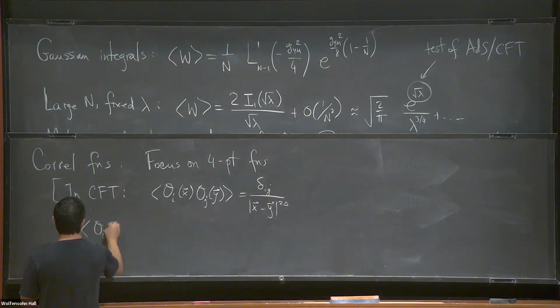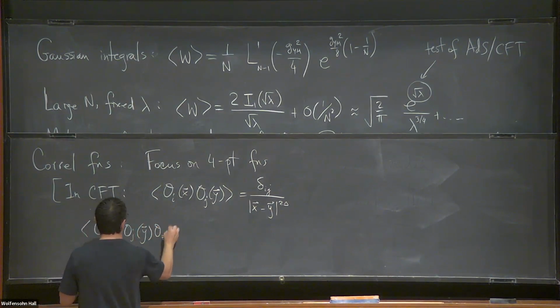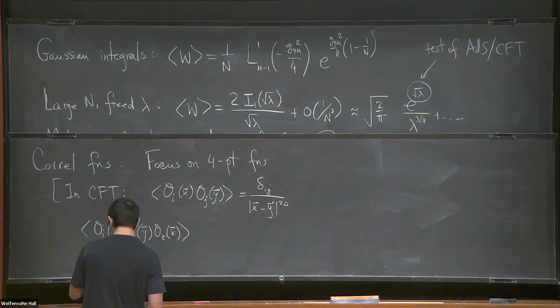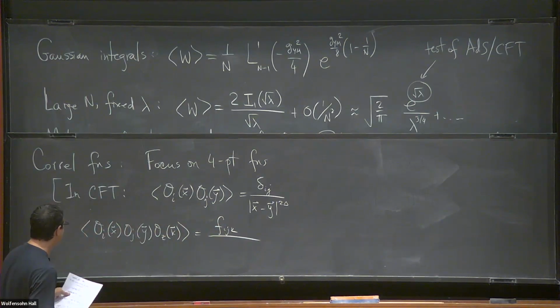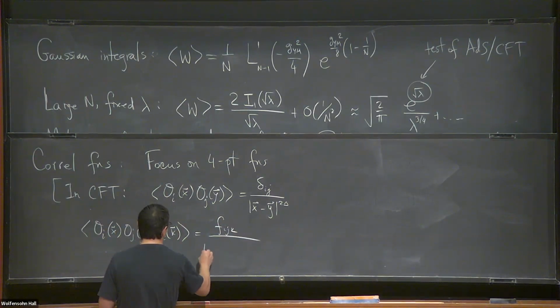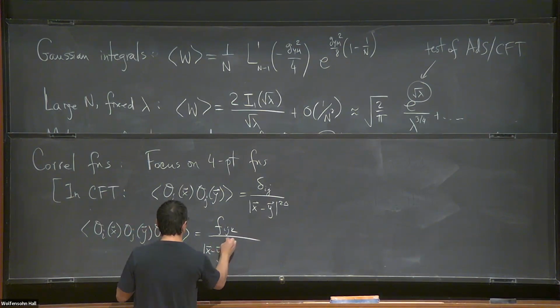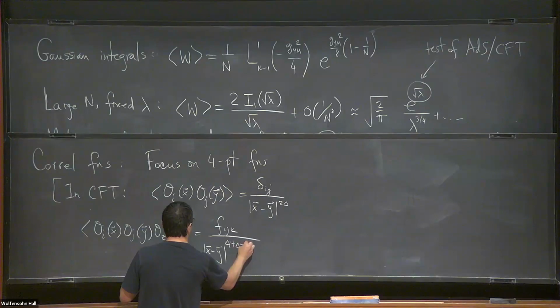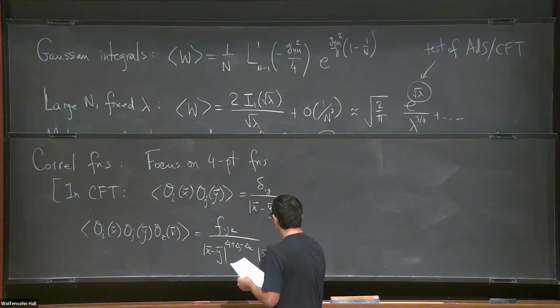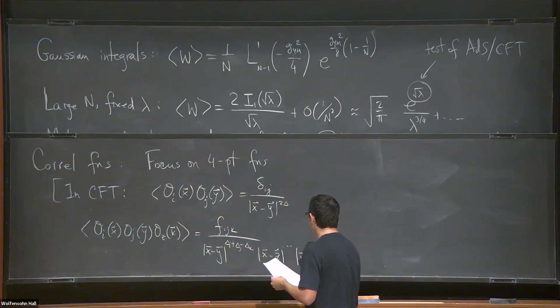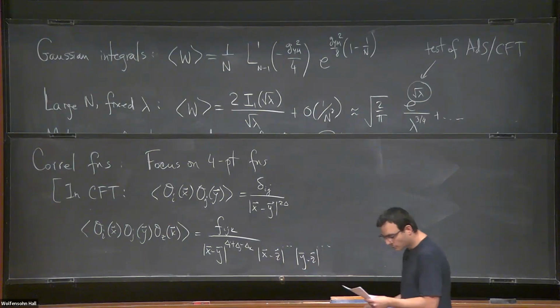So O_i of x, O_j of y, O_k of z is some coefficient f_ijk divided by various powers of differences of x, y, and z. So it'd be x minus y to the power delta_i plus delta_j minus delta_k, and then x minus z to a similar power, and y minus z to a similar power.